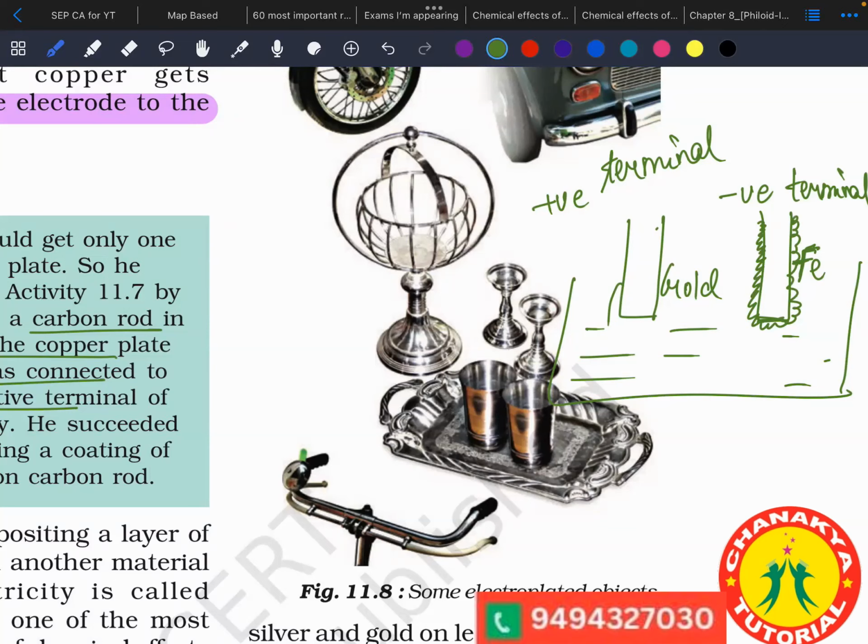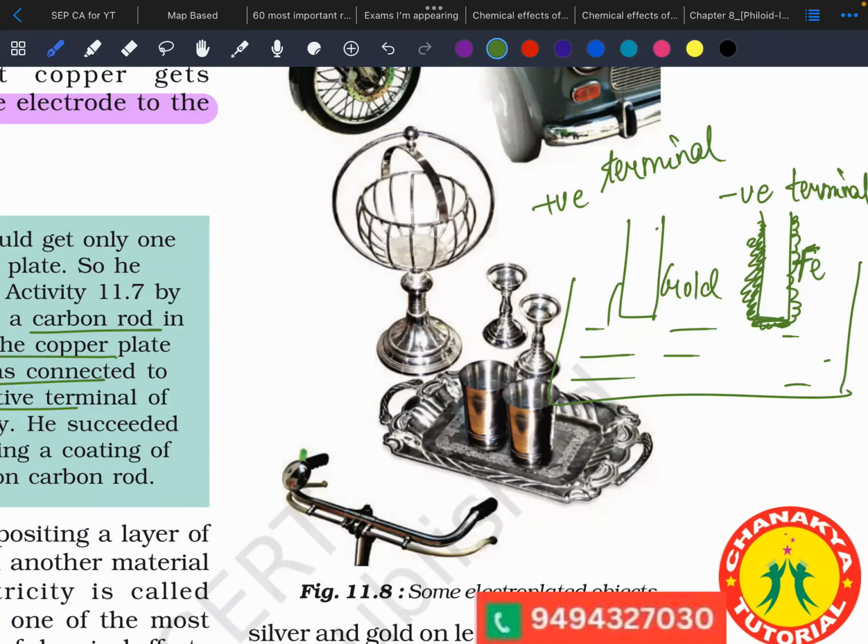It will appear as if it is a rod of gold or a utensil of gold. So this is how some people commit fraud using gold plating. They do a gold plating and say that this is a gold utensil and it is heavy, so they charge very much money for it.